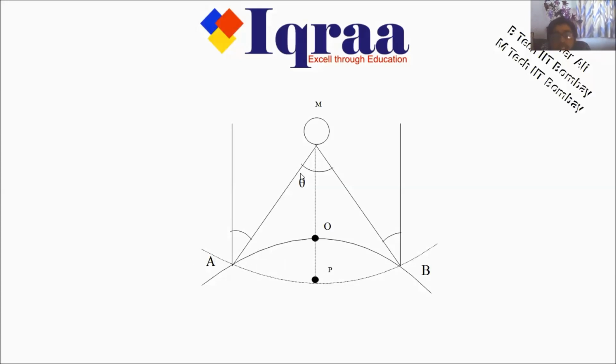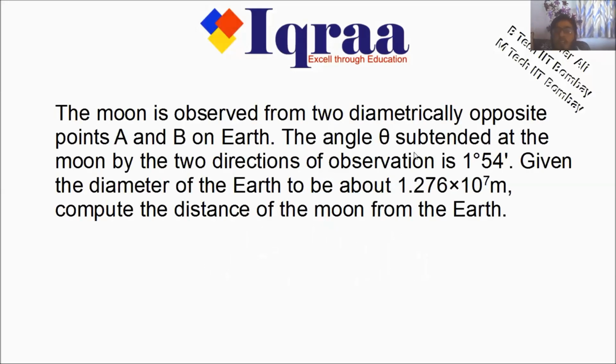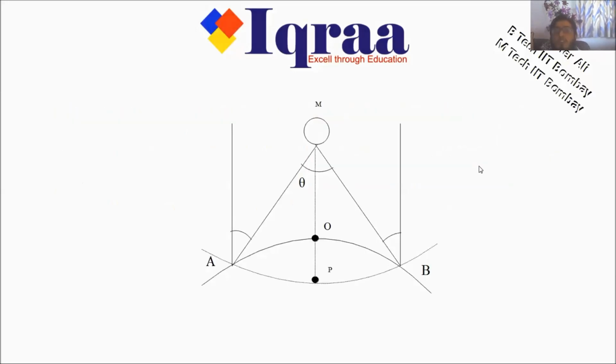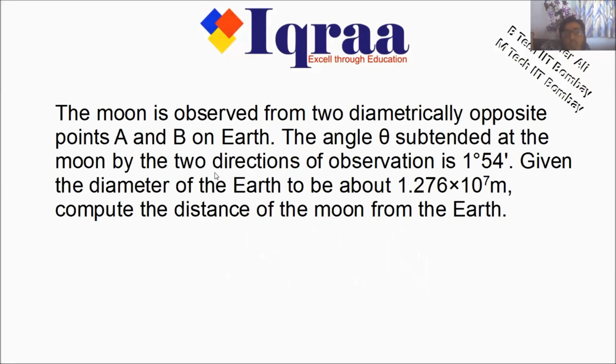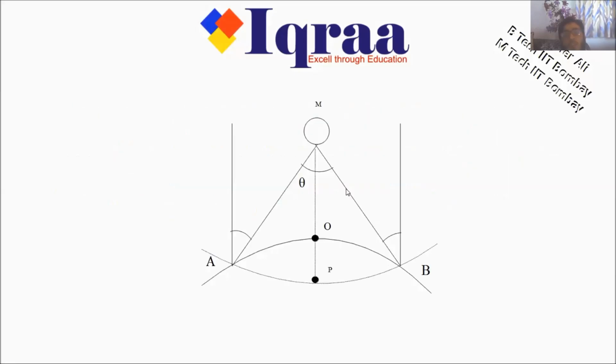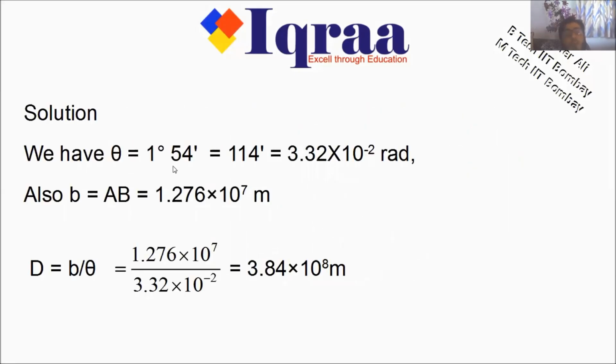Theta is actually small, it is only approximately 1 degree 54 minutes, which is very small compared to 360 degrees. So we can say that theta is very small, so this arc length AB is the same as the chord length AB. And according to the problem, points A and B are diametrically opposite points on the surface of the Earth. So AB represents the diameter of the Earth.